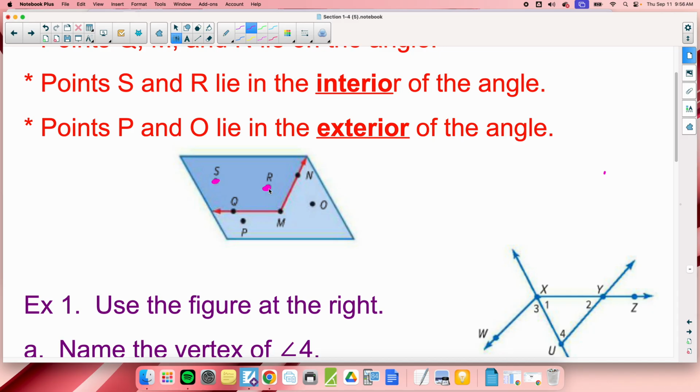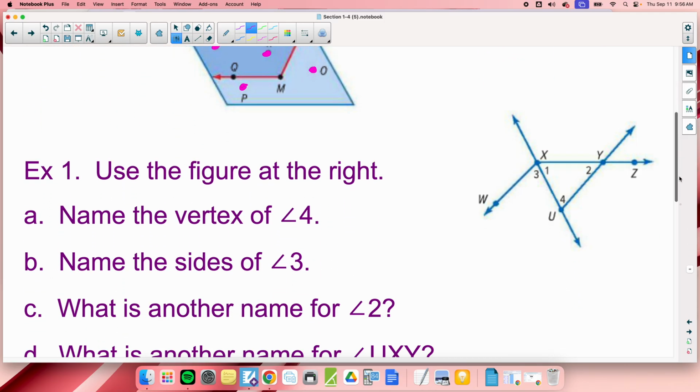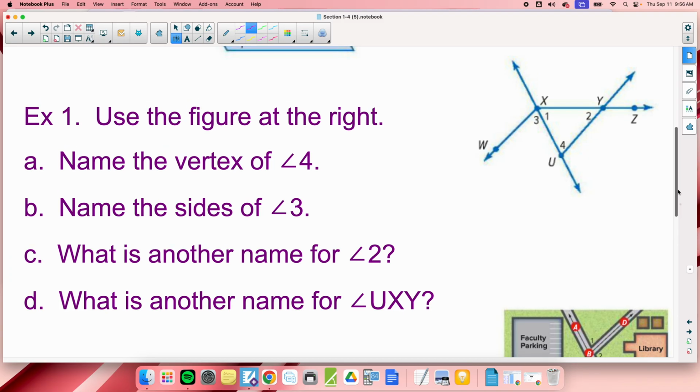If they ask you to find a point in the exterior of the angle, it means the outside of it. So like O and P are exterior points. And then if they ask you to name a point on the angle, that would be N, M, and Q, okay? All right, so now it says use the figure at the right to answer these questions.